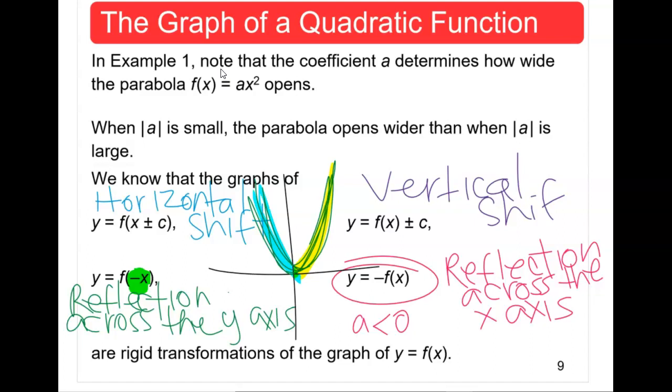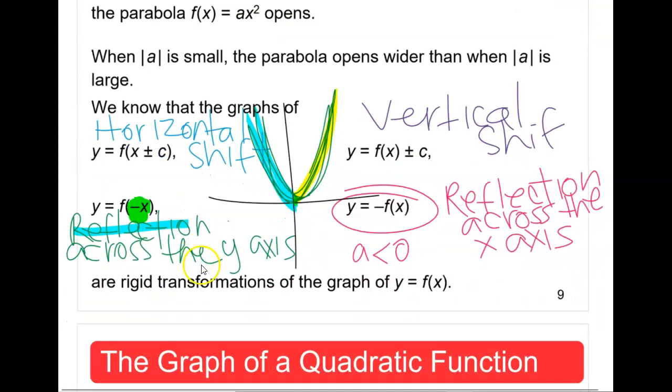If we reflect that across the y-axis, the yellow will now be here and the blue will be here. If we reflect it across the y-axis again, the two sides will just swap, but since they are the same due to the symmetry, we can't really see a difference with those types of reflections.